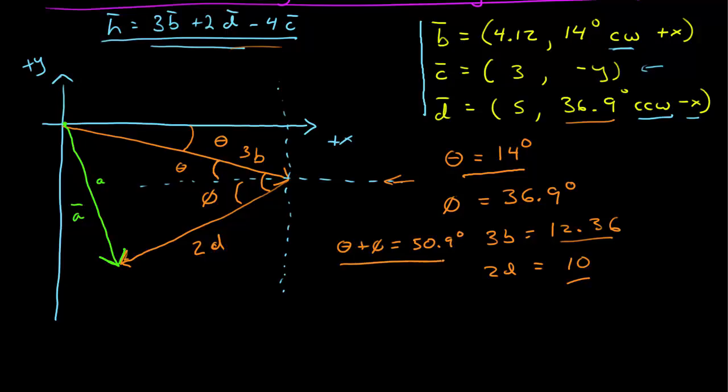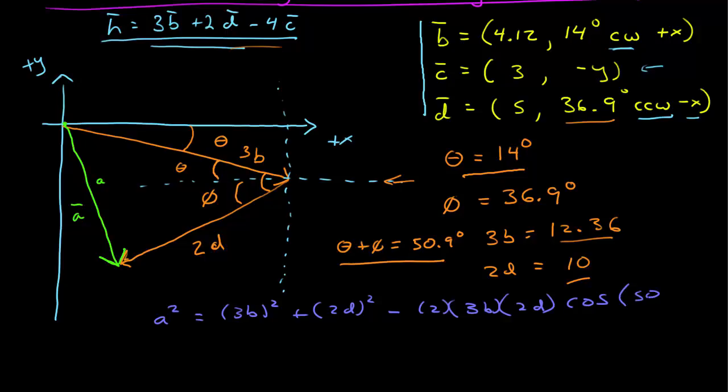Well, I have the law of cosines: because I know these two sides and this interior angle, I can find a. a squared is equal to (3b) squared plus (2d) squared minus 2 times 3b times 2d times cosine of the angle opposite a, which is 50.9.